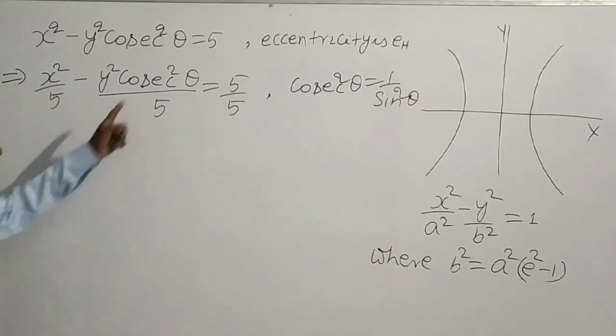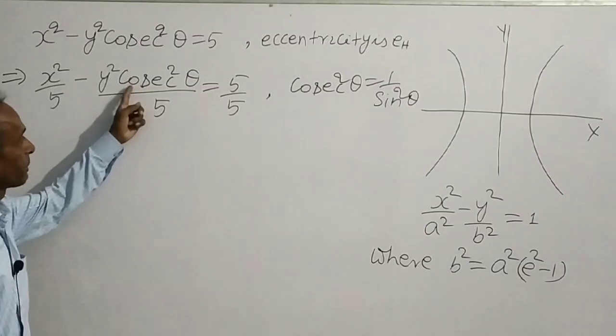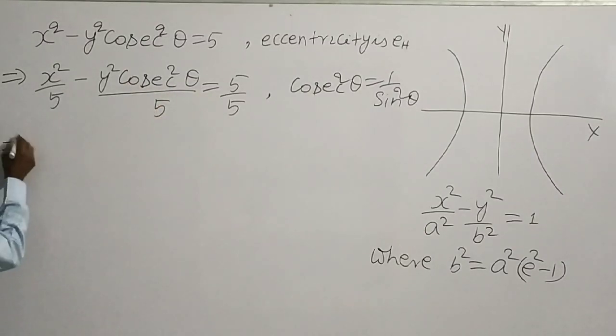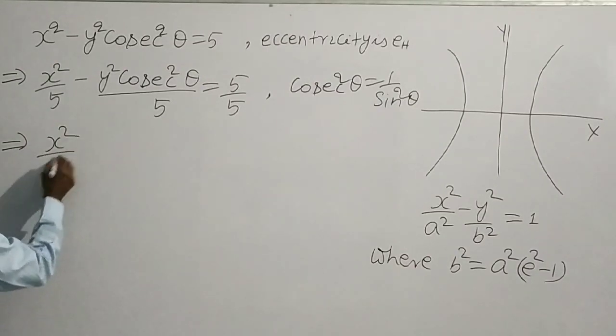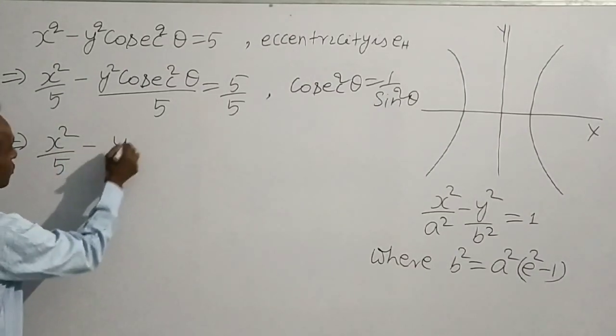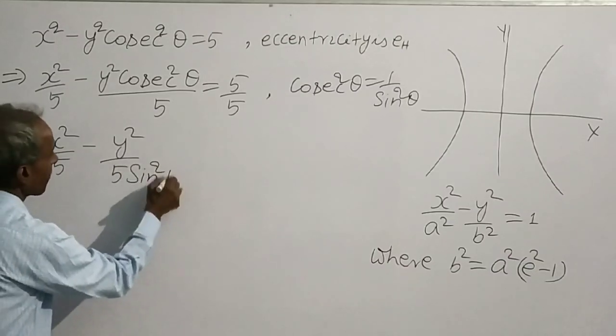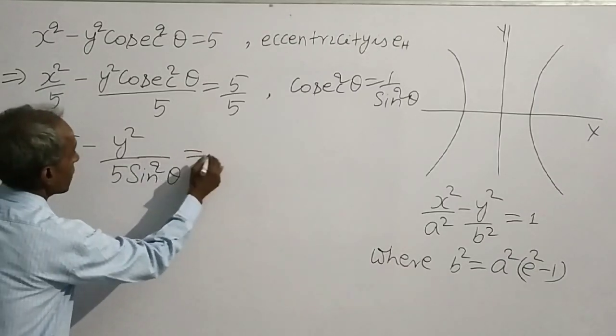When we write 1 by sin square theta in place of this cosec square theta, we get x square by 5 minus y square by 5 sin square theta is equal to 1.